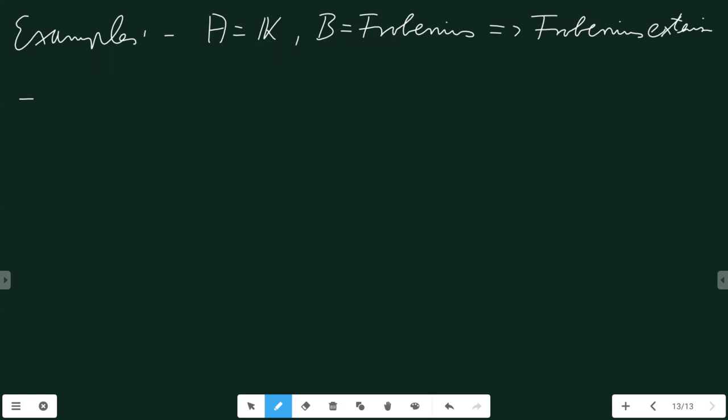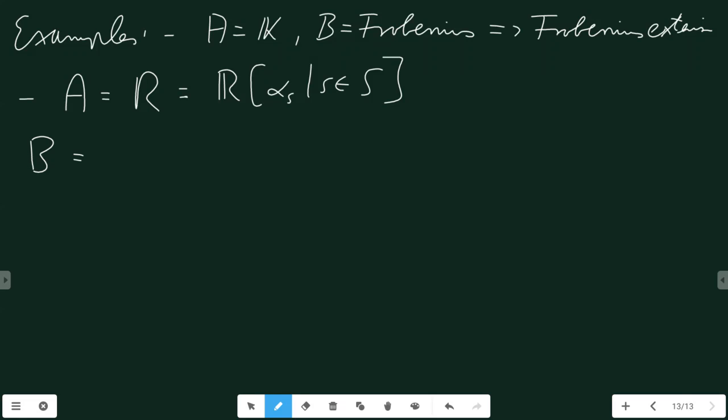Okay, now I want to do the following. Take A to be our R. Remember that was just the polynomial ring in the alphas. And I want to take B to be S, which was just... very good.